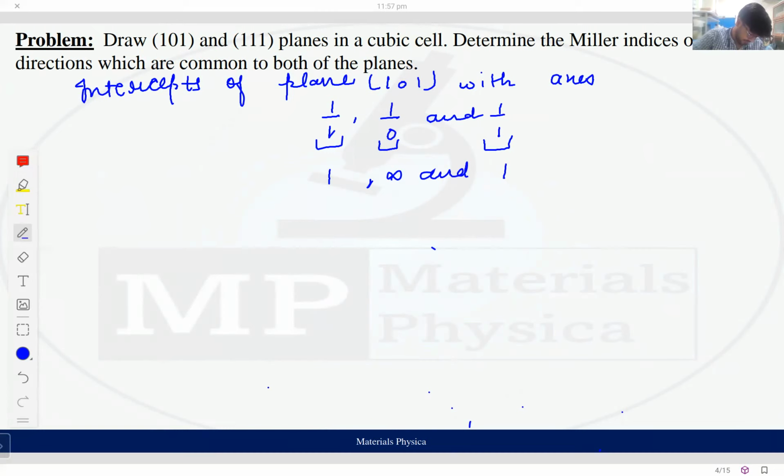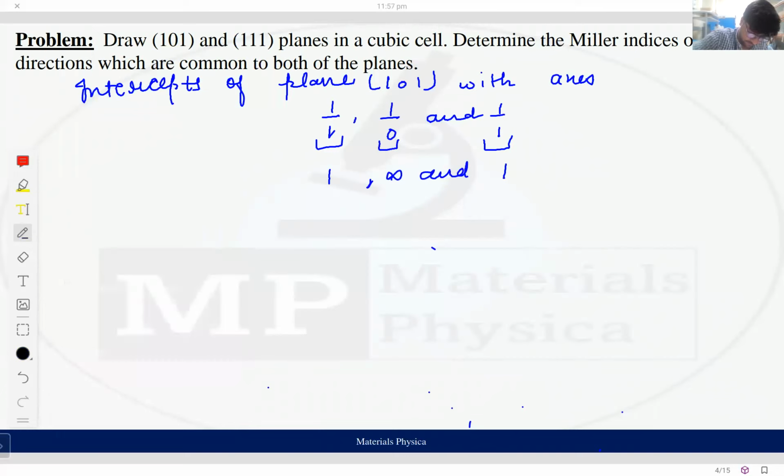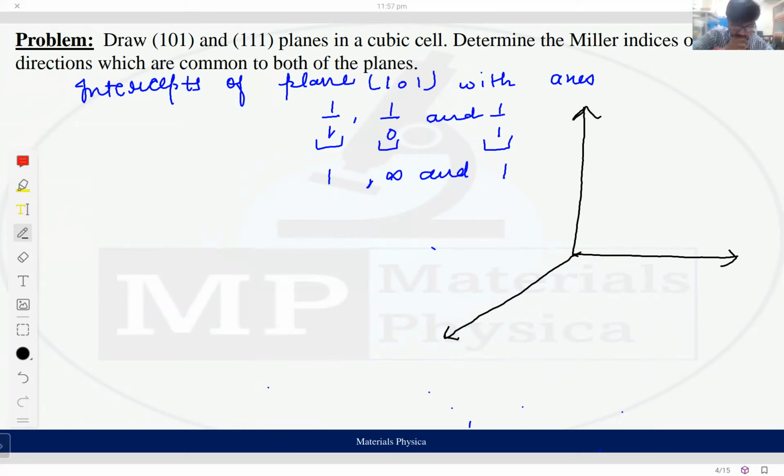So let us do this. This is our x, this is our y, and this is our z.